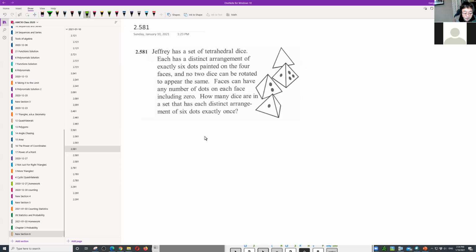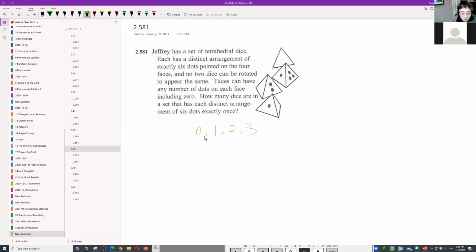How many dice are in a set that has distinct arrangements of exactly 6 dots? So basically, this is one of the arrangements. You have 6 dots, and you can have faces with 0, 1, 2 and 3 dots.